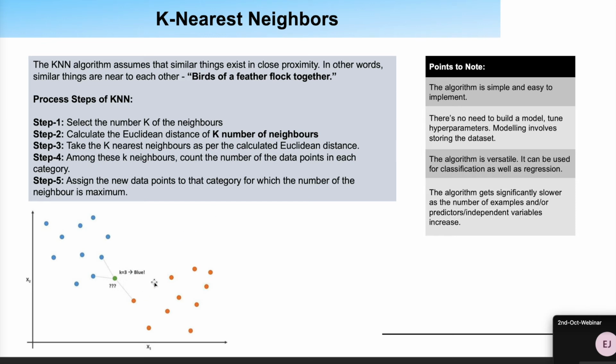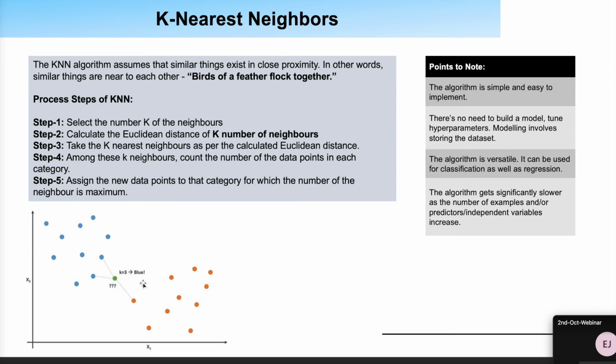So it takes the 20 nearest data points, and then finds out how many of those 20 nearest data points to this new data point belong to the blue class, and how many belong to the orange class. Whichever has a larger number of values wins.